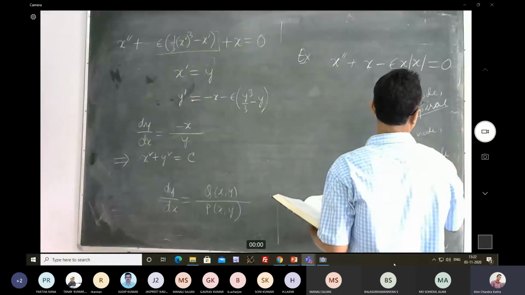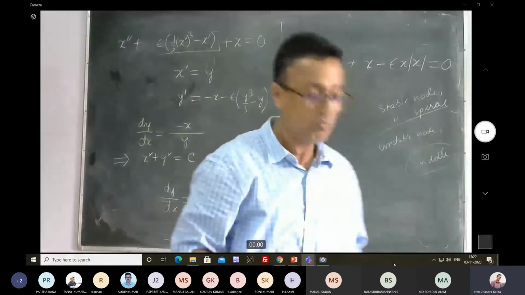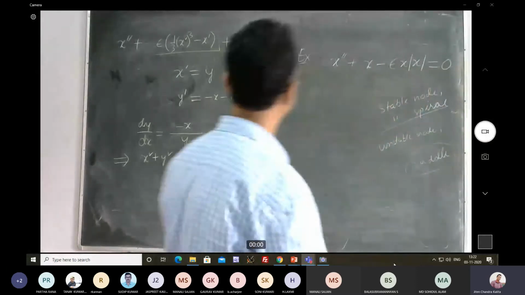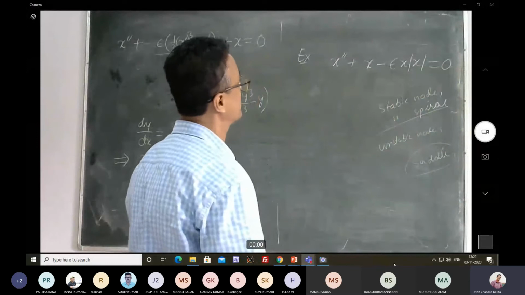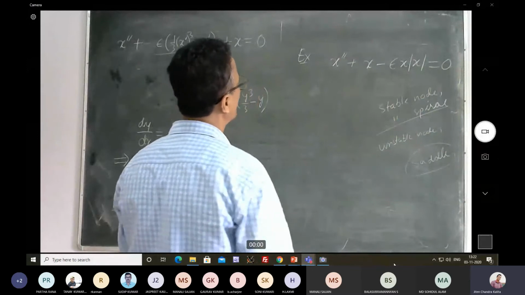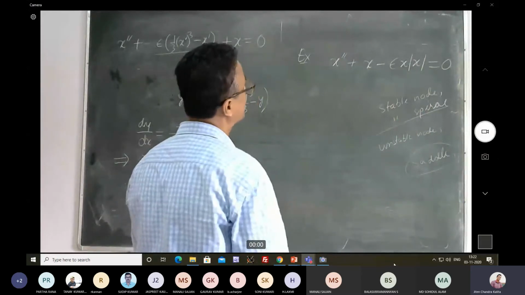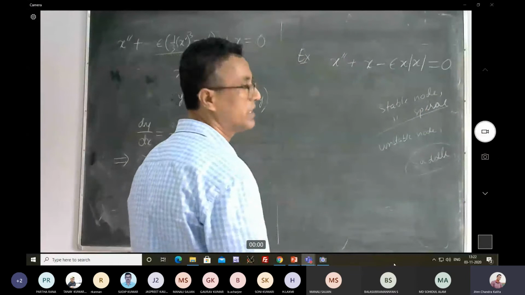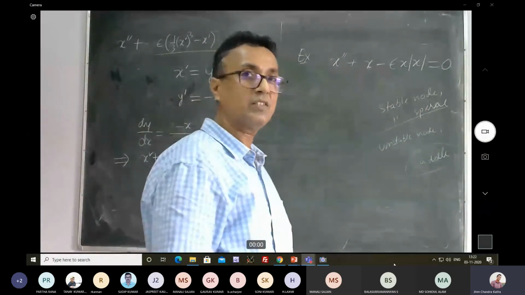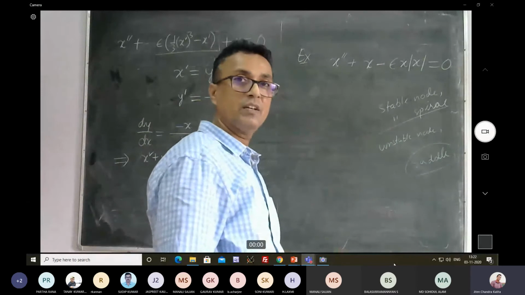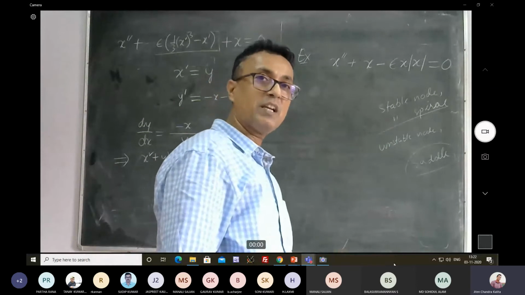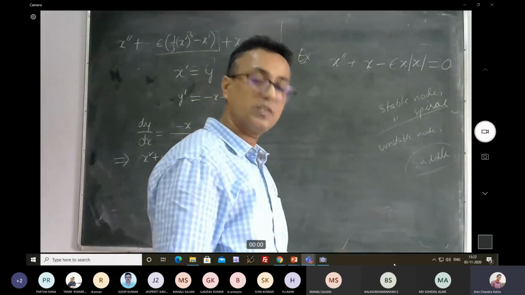Like basically, you have to find out the nature of the critical points. Okay, so let me tell you that from here you are going to get probably 3 critical points. 0, 0, 1 by epsilon 0, minus 1 by epsilon 0. Okay, so then you have to categorize those critical points amongst those 5. Okay, stable node, stable spiral, unstable node, unstable spiral, or saddle.